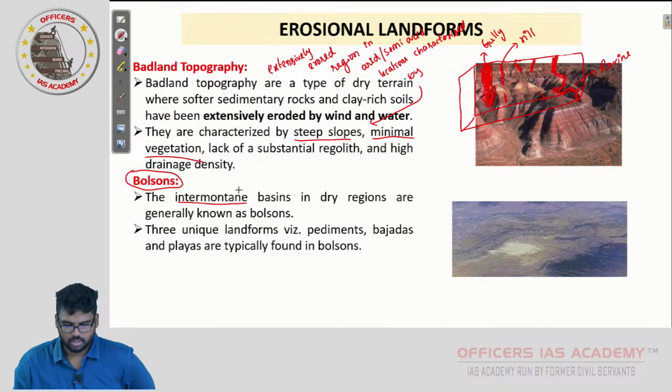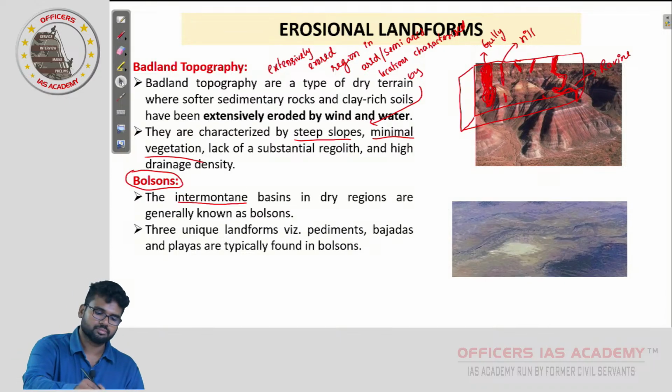Intermontane basins in dry regions are known as bolsons.